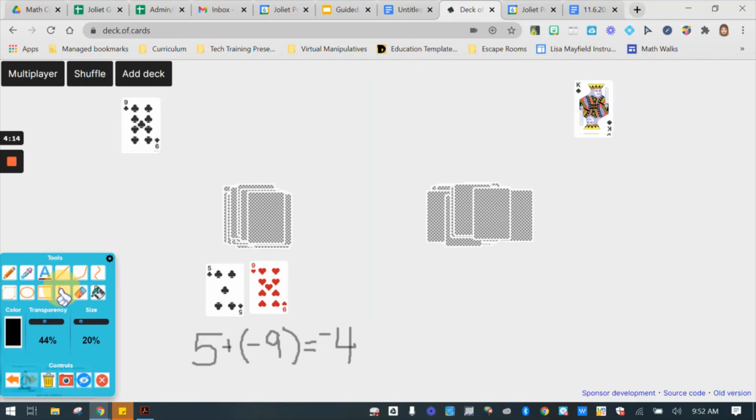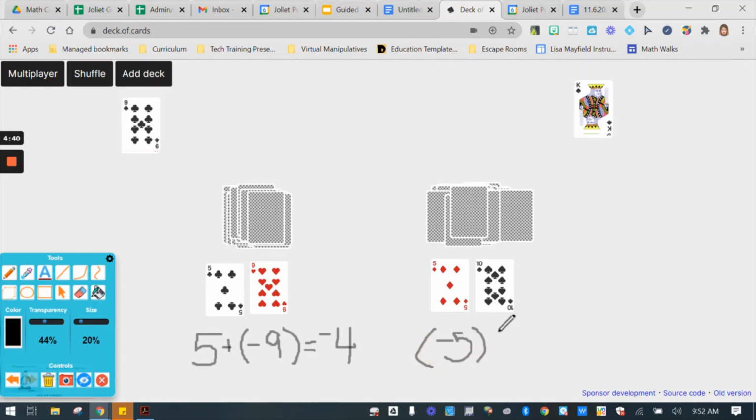The second player would then turn over their two cards. They have negative 5 and positive 10. So thinking about this, we have negative 5 plus 10. And again, following the rules for integer addition, the signs are different, so I subtract. 10 minus 5 is 5.